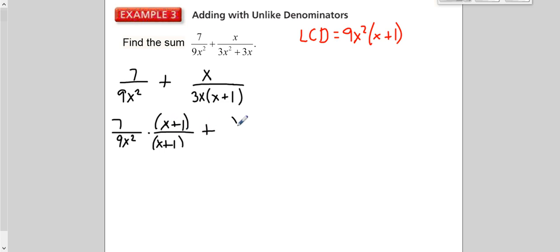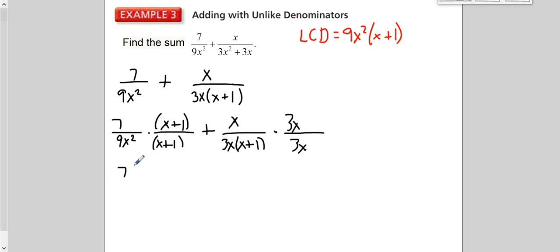Then for our second fraction, to create that 9x squared times x plus 1, what are we going to multiply by? It already has the x plus 1. We need to turn the 3x into a 9x squared. So we're going to multiply top and bottom by 3x.